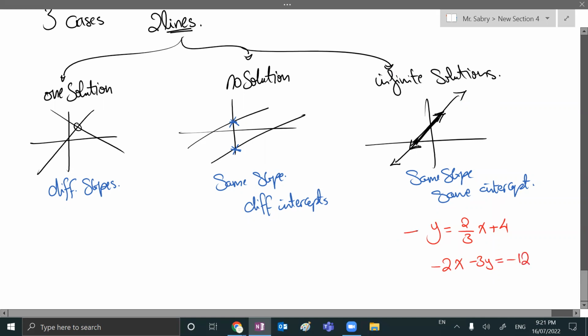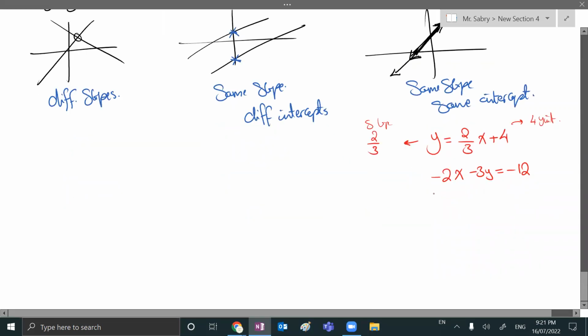Now, if you check the first equation, the slope of it is 2/3. This is the slope. And if you check the y-intercept, it's 4. That's the y-intercept. The second equation as well, Muhammad, if you checked it, the slope here is negative 2/3, which is positive 2/3.